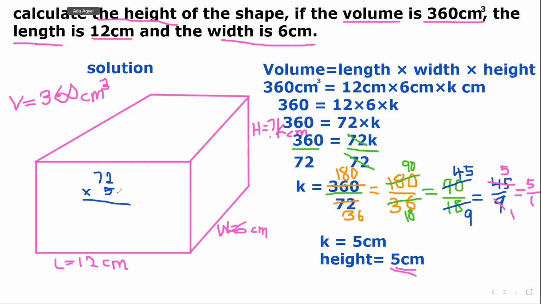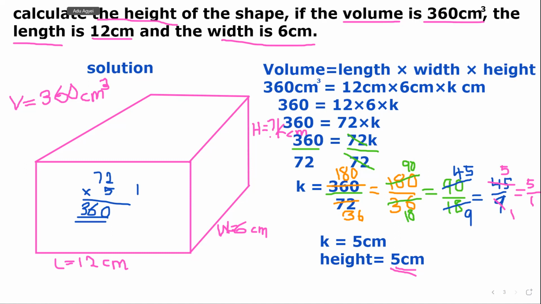5 times 2 gives us 10. So you put 0 here. Remember 1. 5 times 7 is 35 plus 1, 36. Okay. And that is 360. So you still get 360 centimeters cube.